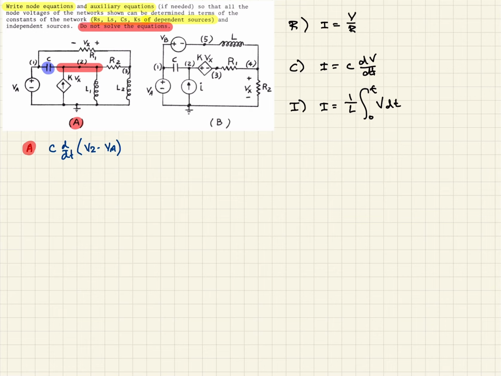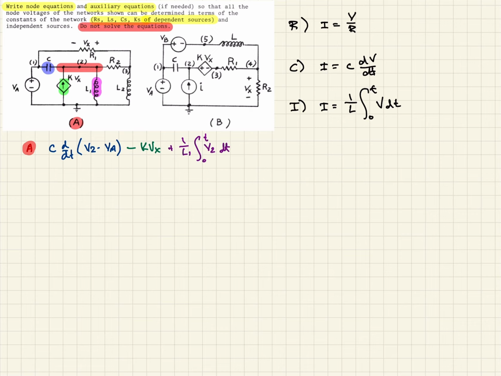Moving down the line, we have this dependent current source. We can write that one just as it is, and it's showing it entering the node, whereas typically we consider leaving the node as positive. So that'll be a minus K Vx. Next, we have this inductor, L1. That's going to be plus 1 over L1 times the integral of V2 from 0 to t dt.